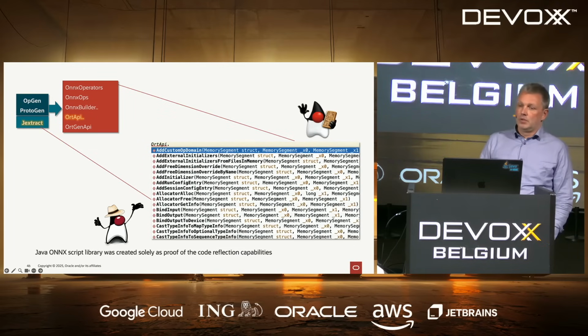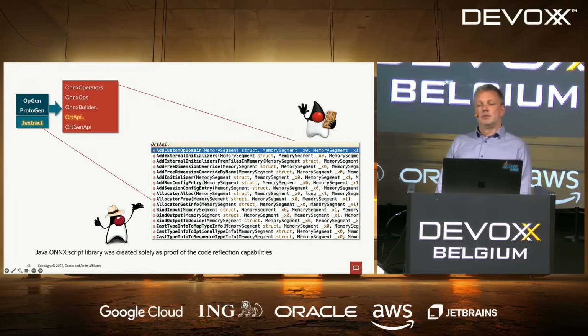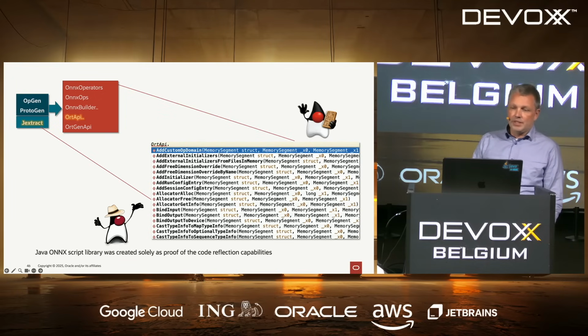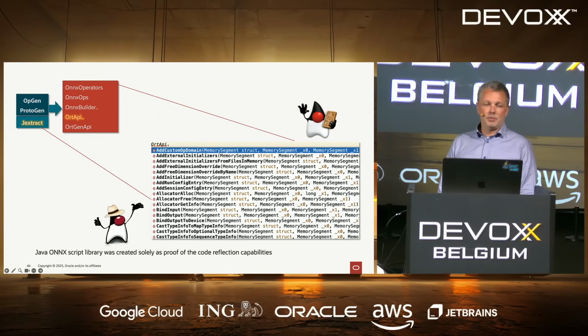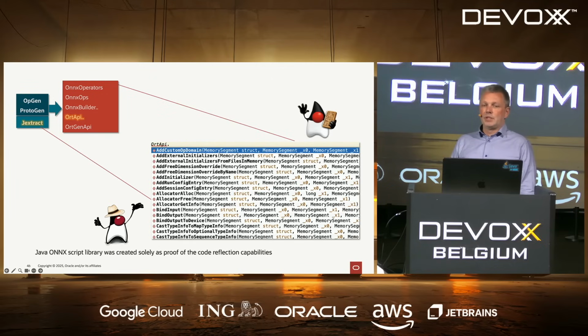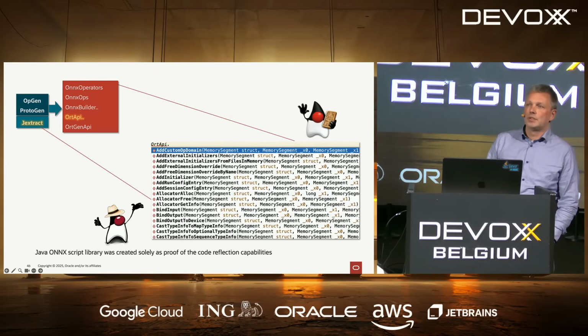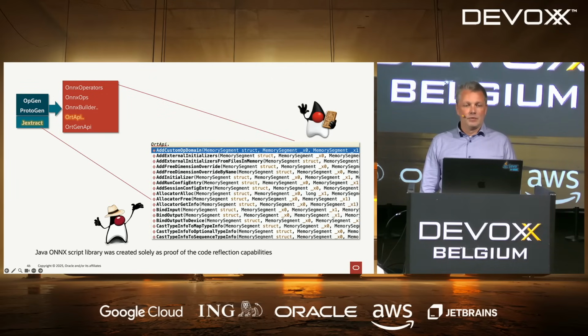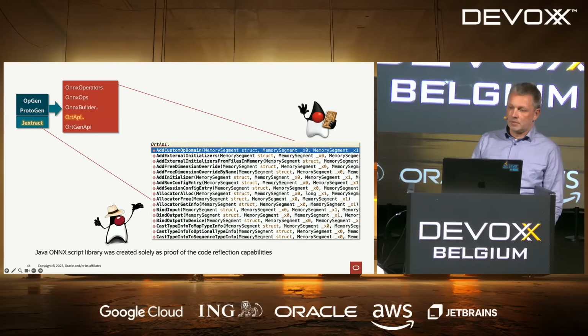Ort API and Ort Gen API are generated by the JExtract tool, part of the OpenJDK JExtract project. JExtract generates FFM API Java bindings from native library headers, so it saves an incredible amount of work and time. So through these bindings, we can operate ONNX runtime and GenAI runtime directly from Java without a hassle.